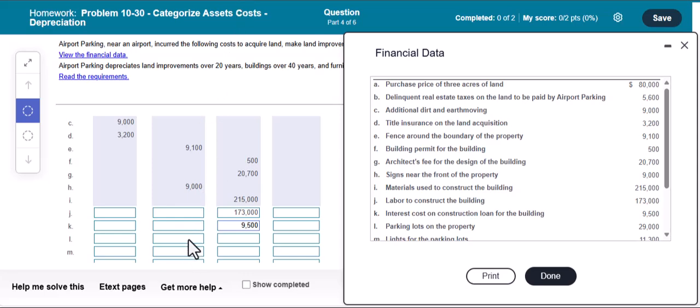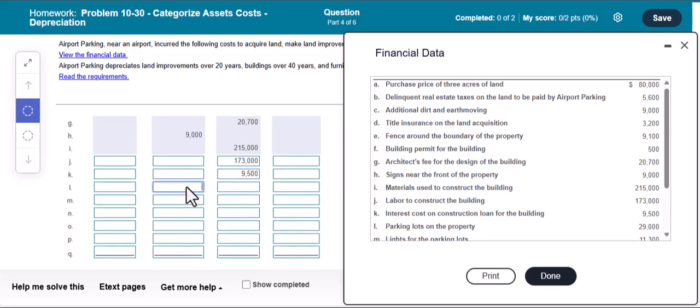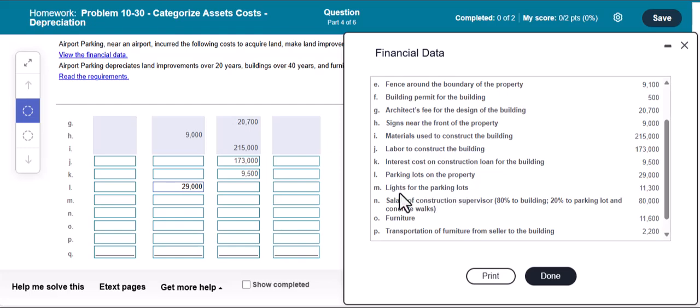Those parking lots will go under land improvement, which is this column here, the second one, for 29,000. Next up we have M, lights for the parking lots for 11,300. So will those lights last forever? No, they'll eventually need to be replaced. So that is 11,300 under land improvements, that second column here for M.